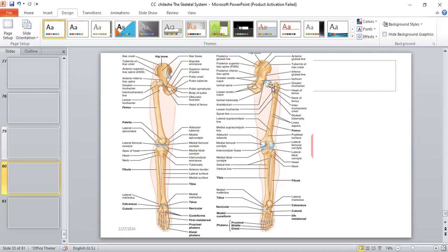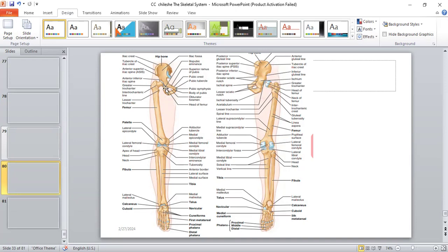The head of the femur joins with this hip bone at this joint known as the hip joint, and together these make up the pelvic girdle.